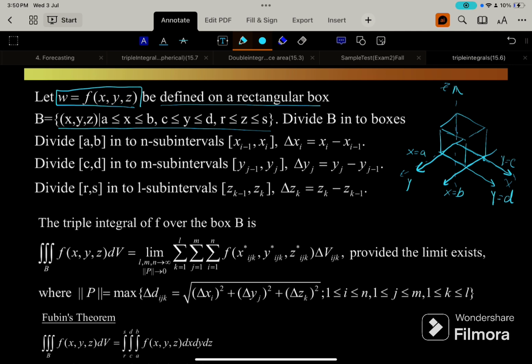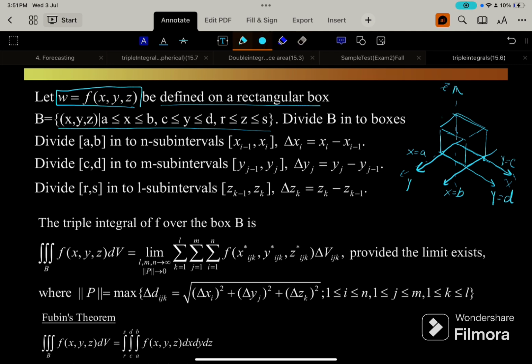Now for the z, we're gonna have z equal to r, and that we can do like that. This should be a horizontal line.